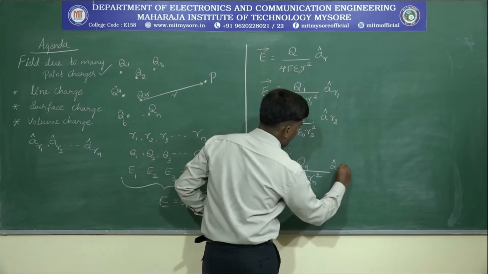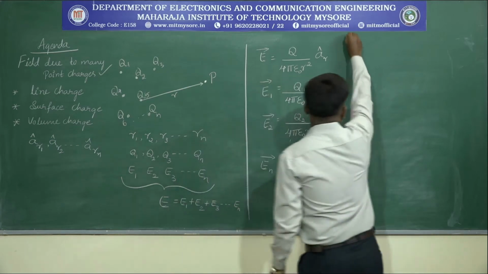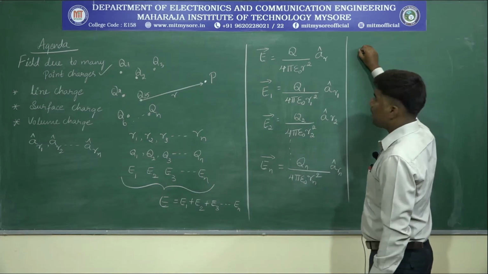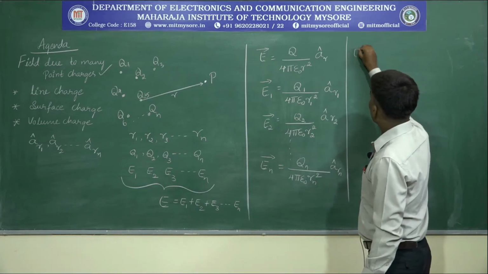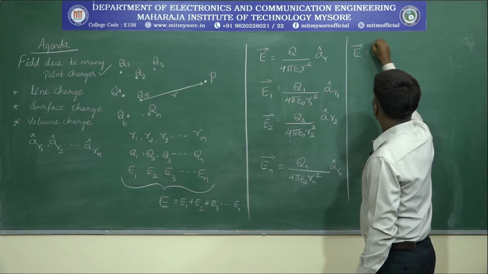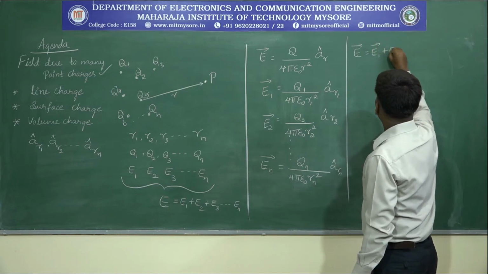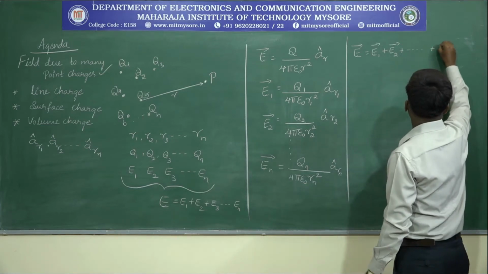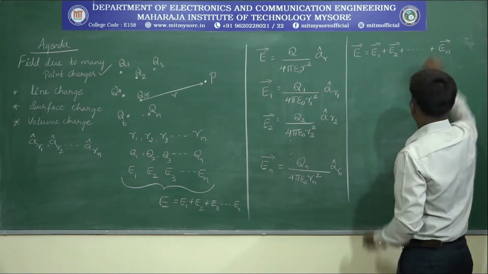A cap Rn. Okay, so after getting these equations, if I apply the superposition principle here, E is equal to E1 plus E2 plus so on up to En.